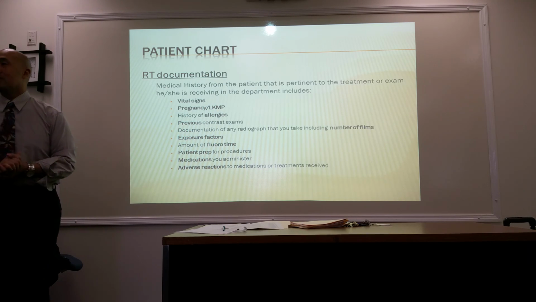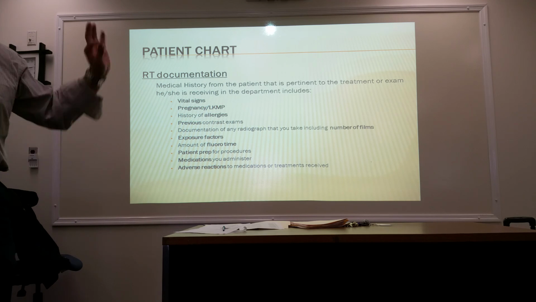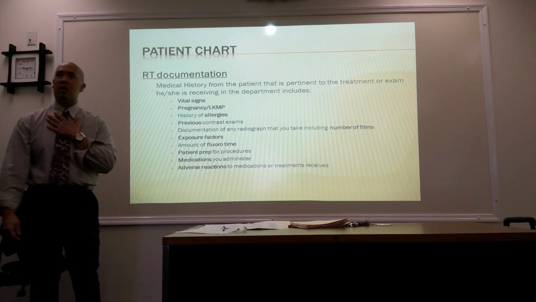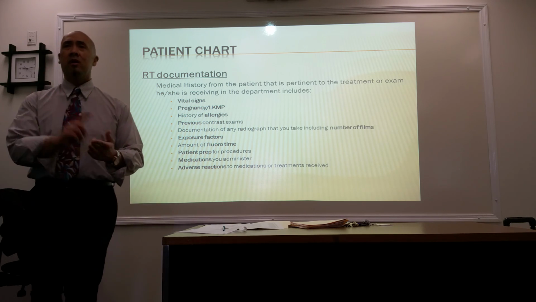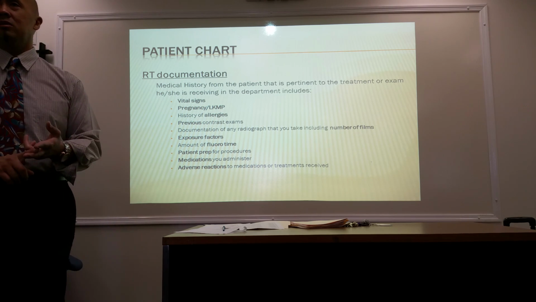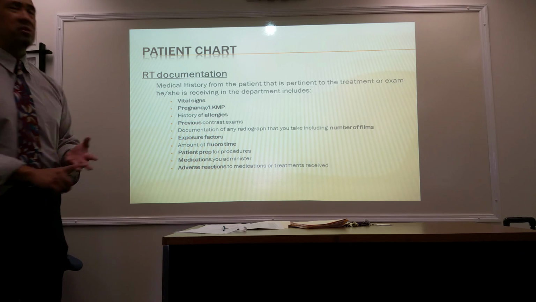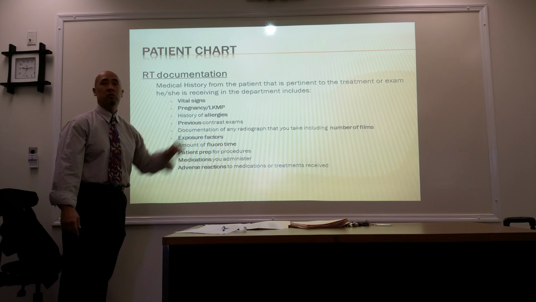All right. But what is our responsibility as RTs? So we have the patient chart, but let's get more specific. Things that we're probably going to be writing on our portion of the chart are vital signs. Blood pressure, respiration, heart rate, right? Looking at labs, all those different things. Pregnancy and last known menstrual period.